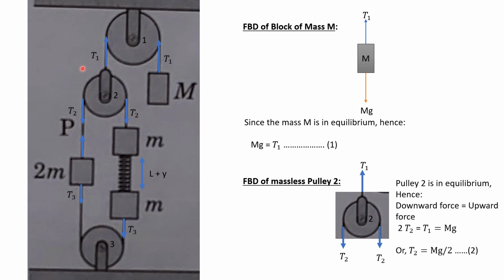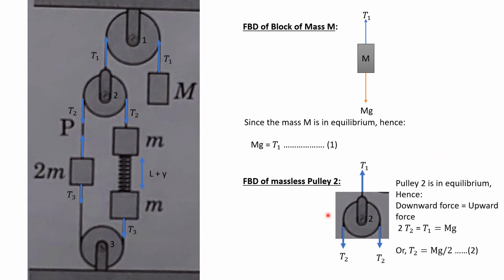Now we will make the free body diagram of pulley 2, which we've shown here. On pulley 2, if you see, this tension force T1 will act in the upward direction, okay? And T2 will act here due to thread number 2 and here also.